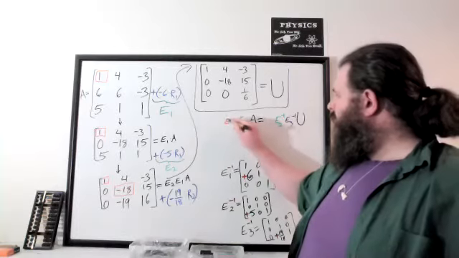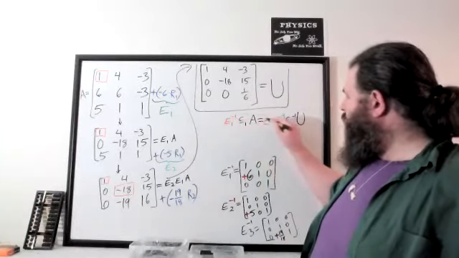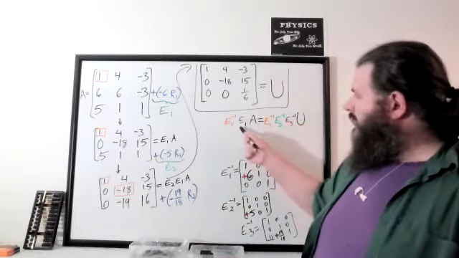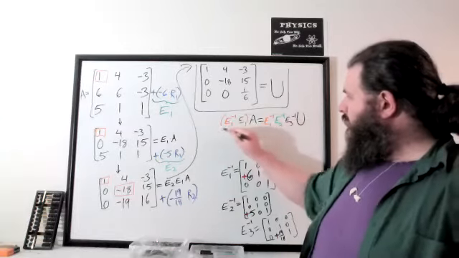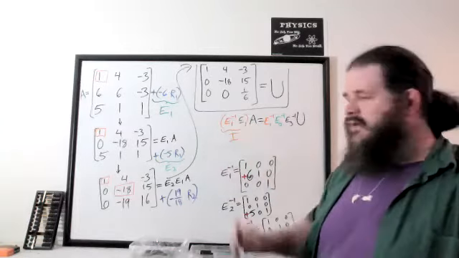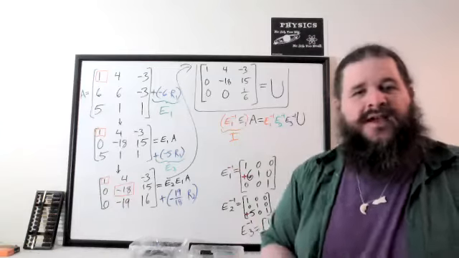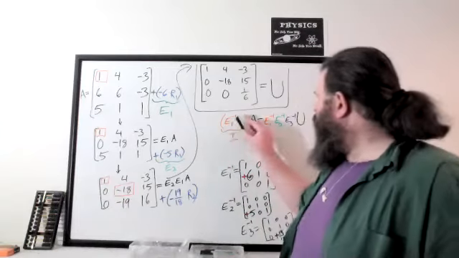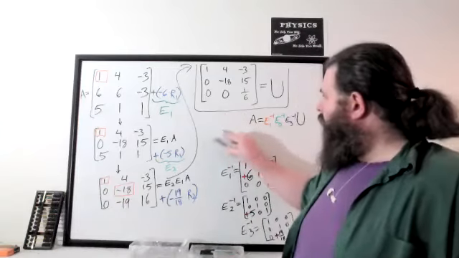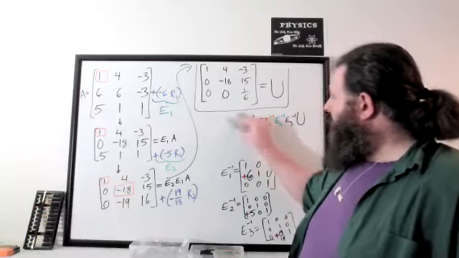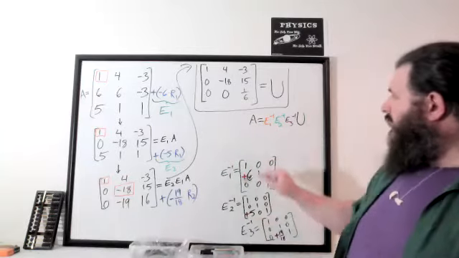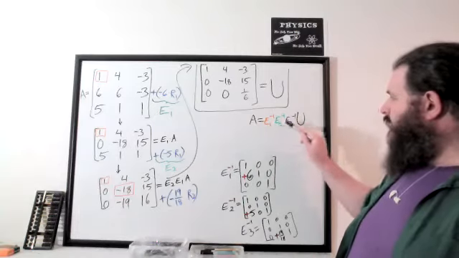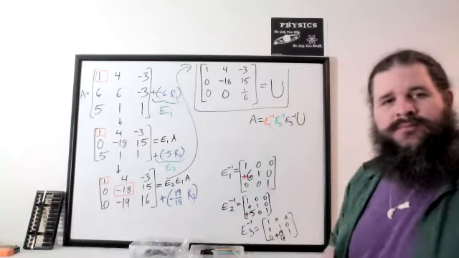Yeah, left multiply both sides by E1 inverse. And again, E1 inverse times E1 is the identity matrix. So in a very practical sense, we can say those cancel out. Meaning we're left with a formula for matrix A. We can say matrix A can be written as E1 inverse, E2 inverse, E3 inverse times U.